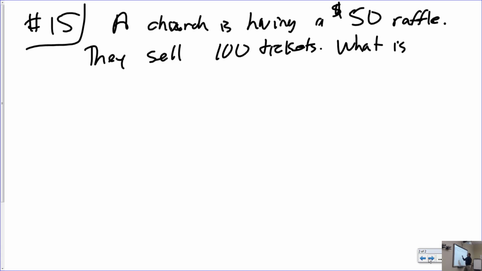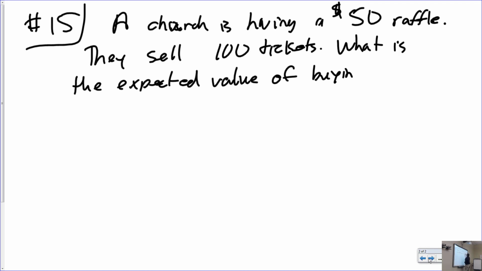What is the expected value of buying one ticket for $1?